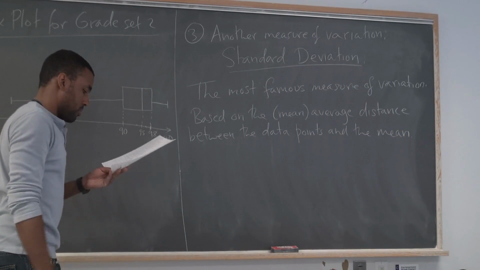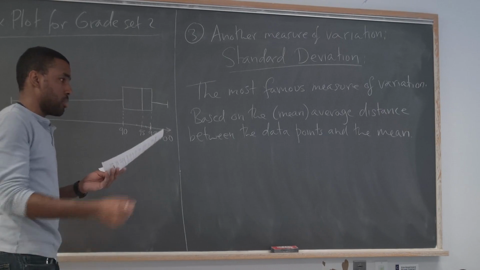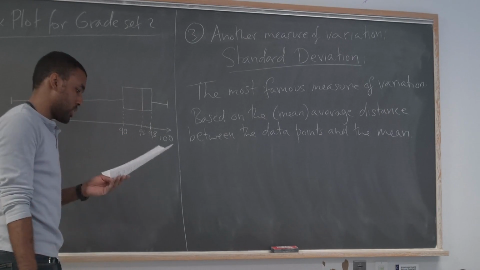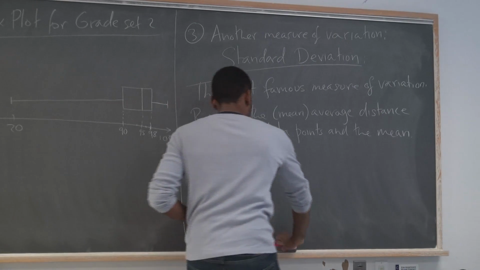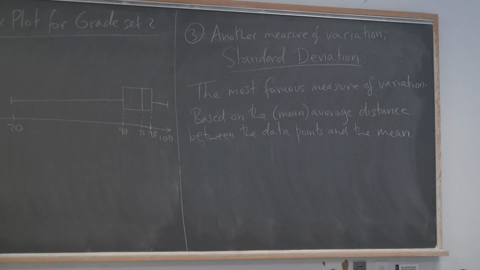So we sort of think of trying to measure the average distance that points deviate from what the mean average is. And like I said, the mean average is a very common average to take. A lot of things in life follow, it makes sense to take a mean average of.